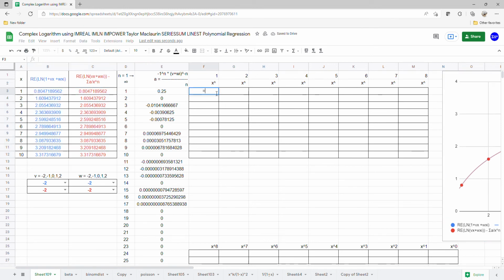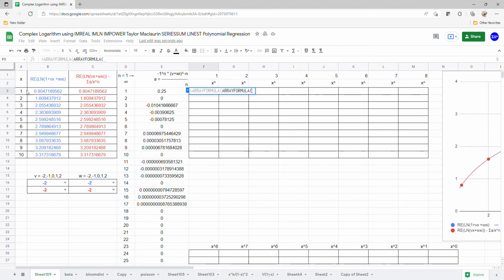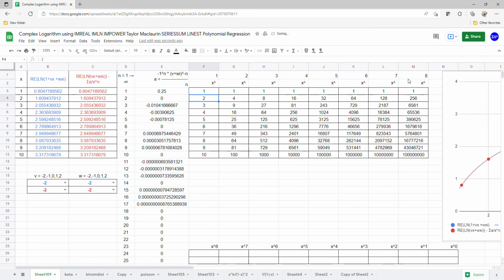Now the elements of the matrix, array formula of the x values raised to the power 1 to 8. And enter. Now we start with the function itself, the complex logarithm.